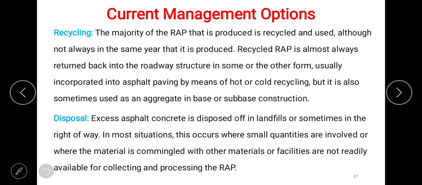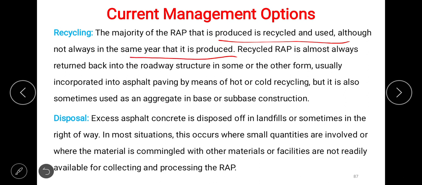Current management options for RAP. Recycling. The majority of the RAP that is produced is recycled and used, although not always in the same year that it is produced.